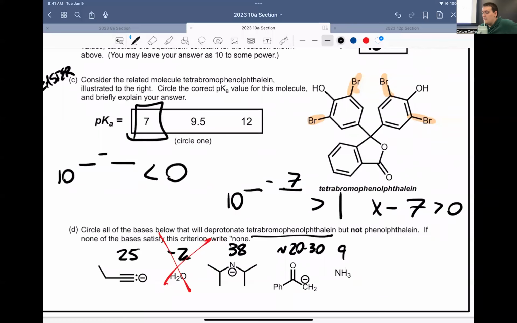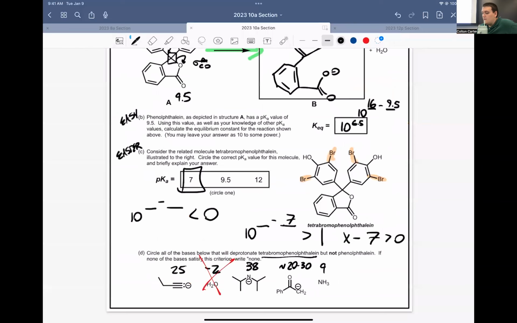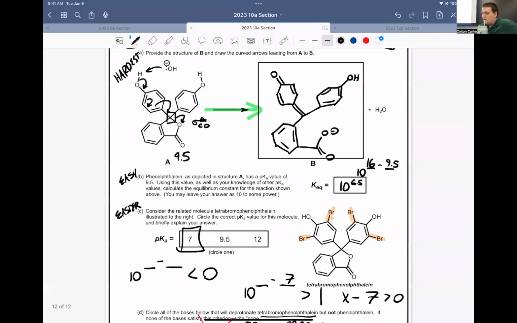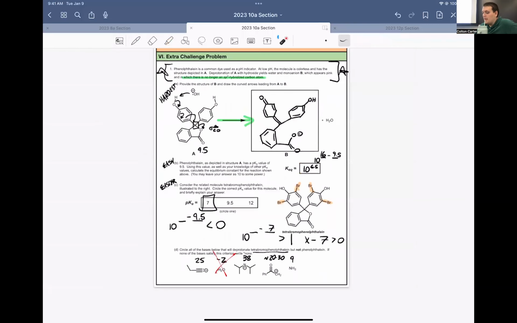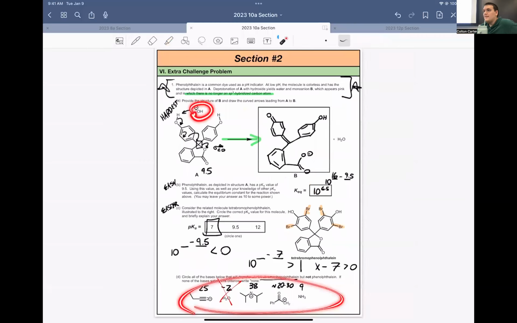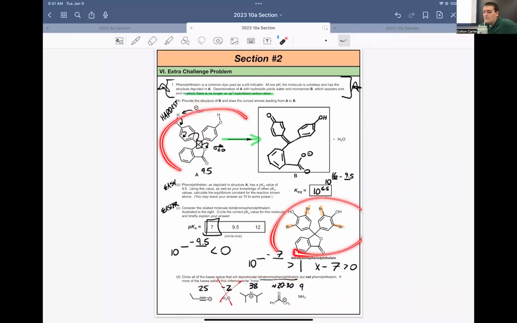In this case, the acid over here is going to be 9.5, and that's going to be the reactant acid. And then our mystery base is going to have the product conjugate acid over here. It's kind of like we're substituting each of these molecules in for this OH, and we're asking which of them will react with this, but will not react with this.